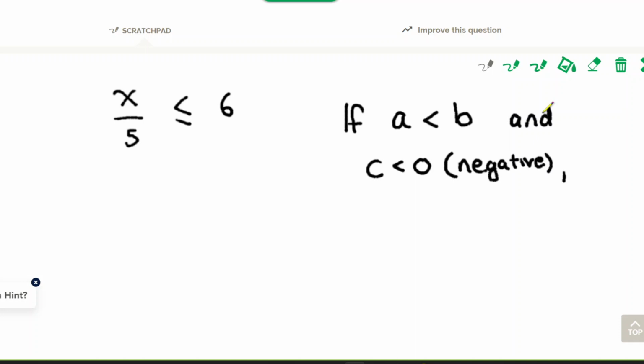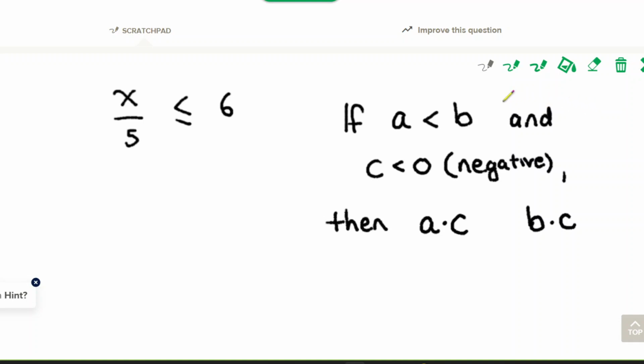If that's the case, then when you multiply or divide both sides by C, A times C or divided by C, remember that division is just multiplication by the reciprocal. If I multiply both sides by this negative number, what happens is the inequality symbol flips around, changes direction.